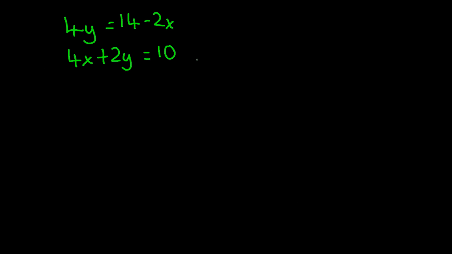Now, for our second example, we're going to use the elimination method again, but before we do, we need to be sure that our equations are in standard form. Now, you see that x is on the right hand side here, we want to move it to the left hand side. So in general, what we want in a simultaneous equation is something x plus something y is equal to something.